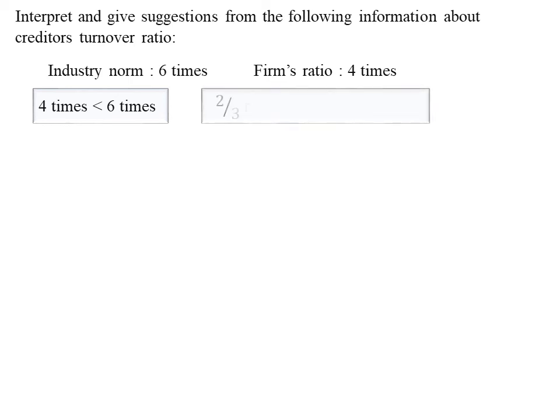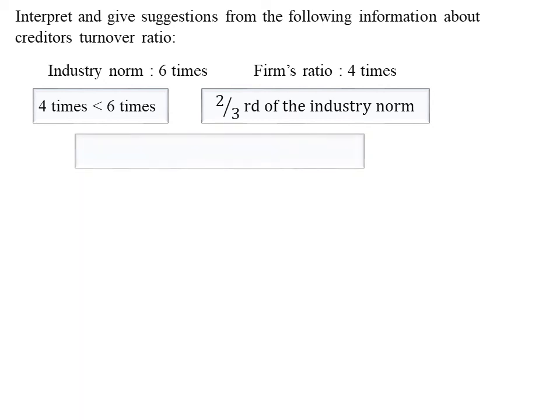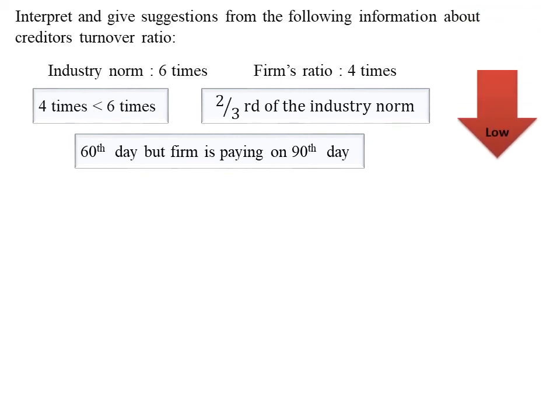It is 2/3 of the required ratio. This means as per industry norms, creditors should be paid on the 60th day, but the firm is paying on the 90th day. This indicates that the firm's ratio is low.